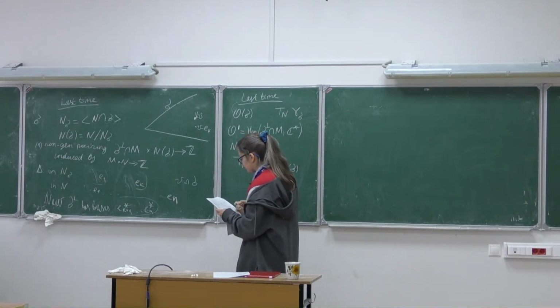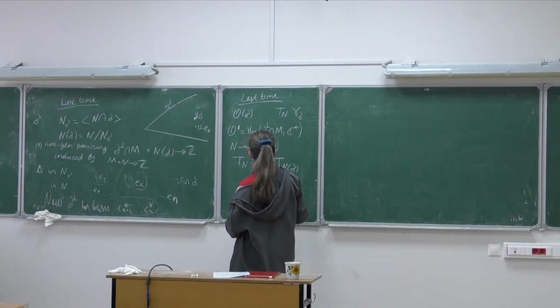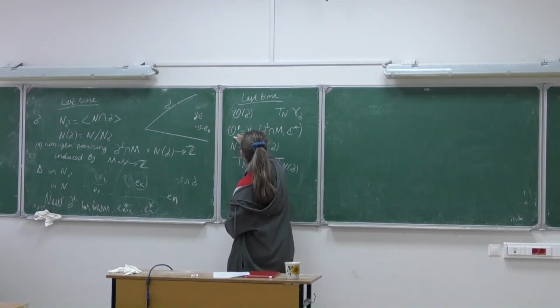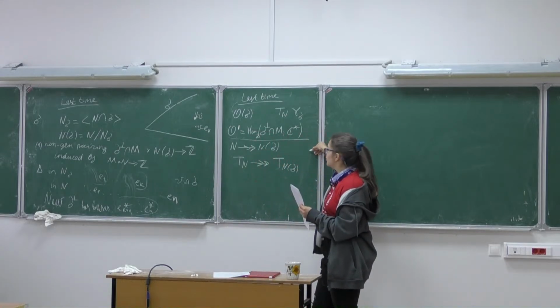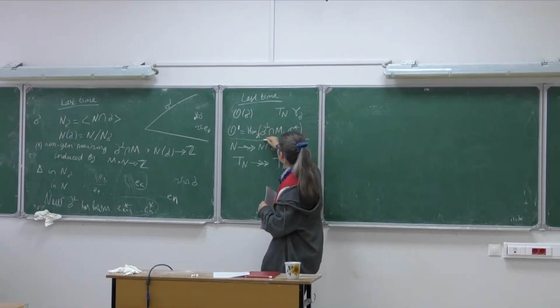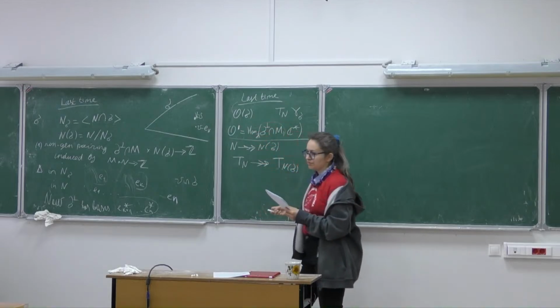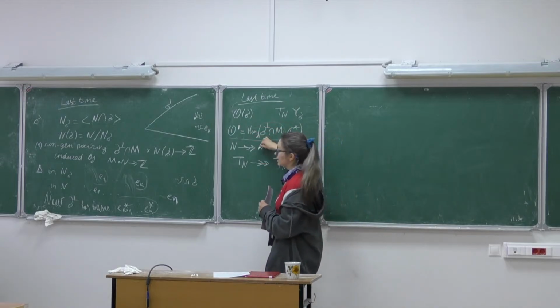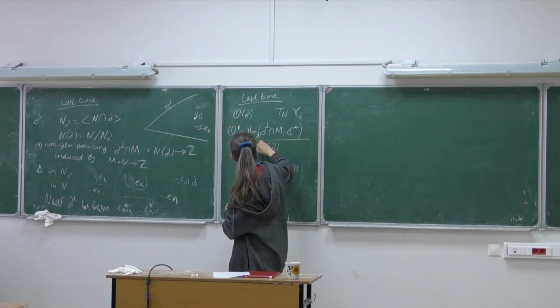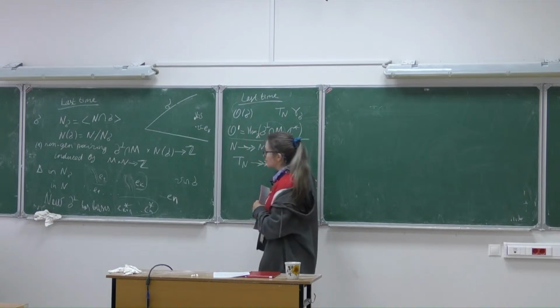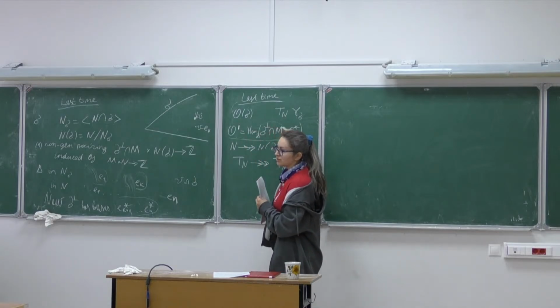And what is O prime? This is the set of all maps from this which do not vanish. This is a maximal linear subspace of sigma dual, and we take all the maps from this space to C star.